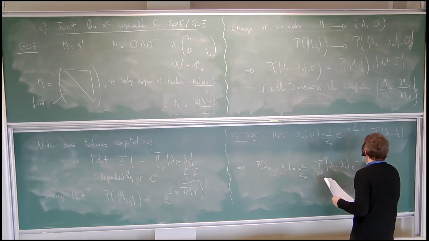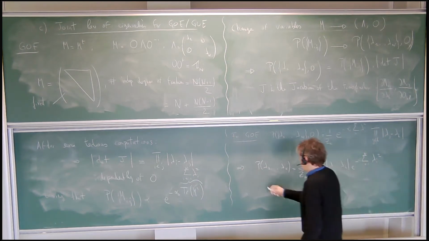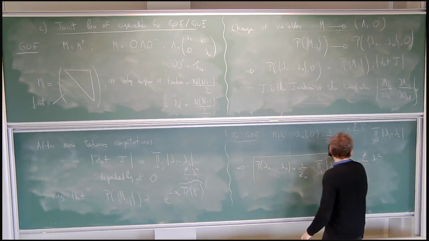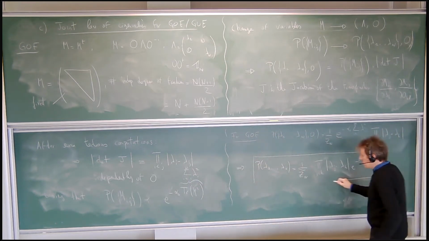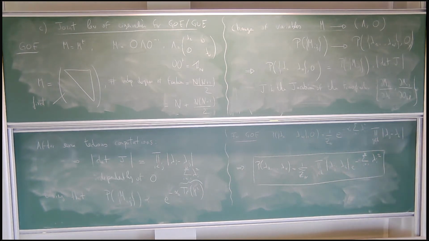Exponential of minus alpha 1 sum of lambda i squared. Okay, so that's a very nice expression here. It's quite simple, and this was actually derived by Wigner and Dyson already quite some time ago.